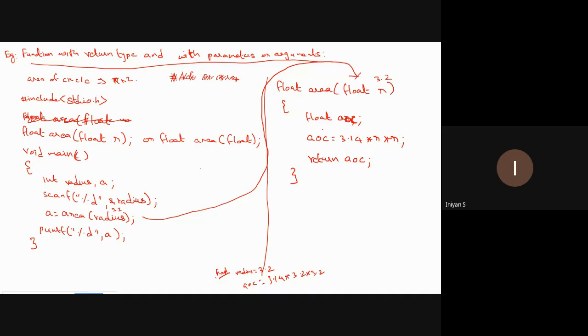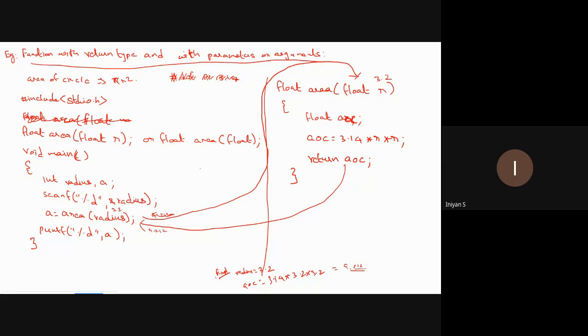For example, if it is 9.212, then that value should be returned, and 9.212 will be stored in A.